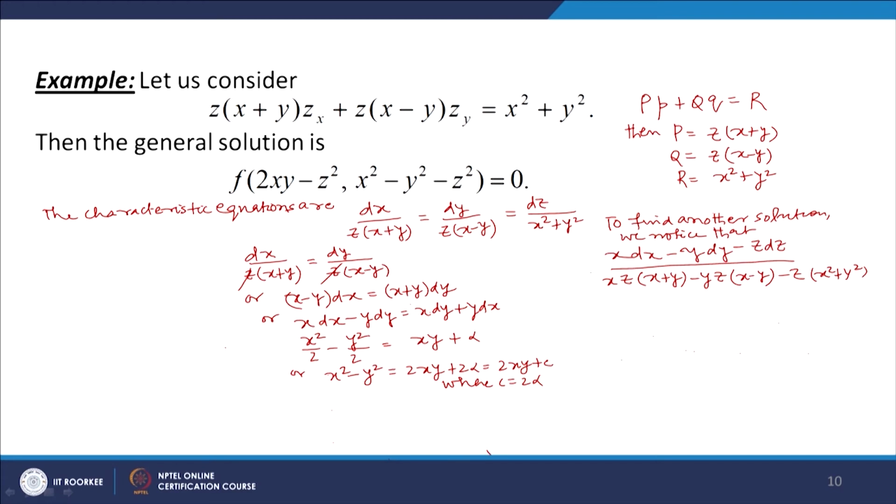So, these ratios are equal to this. The characteristic equations are dx over p, dy over q, dz over r, which is also equal to this.